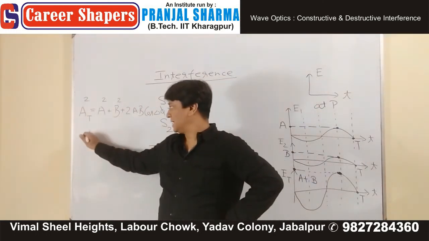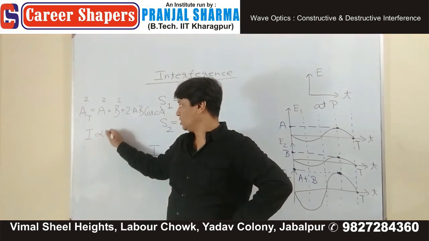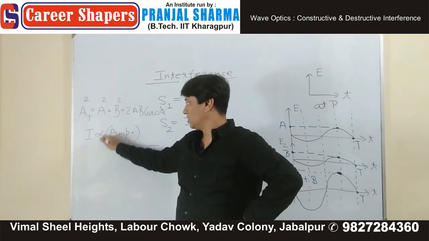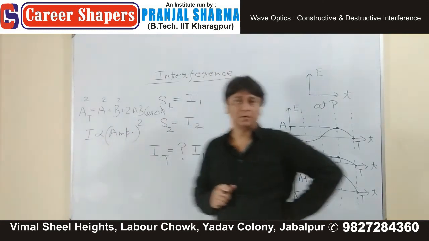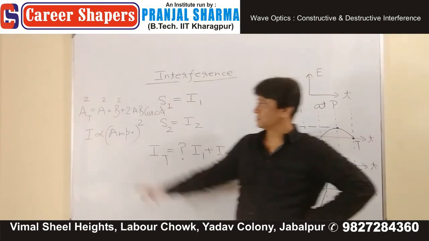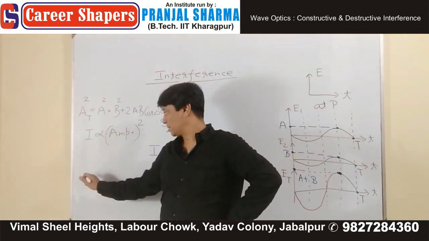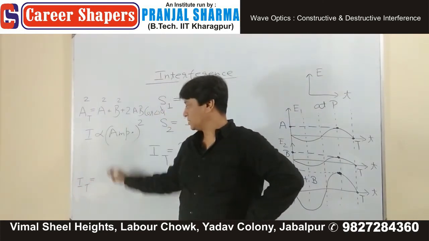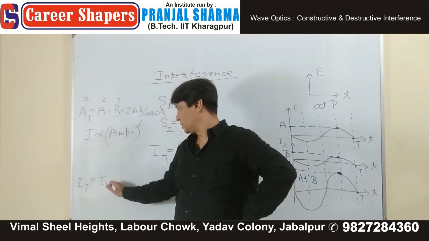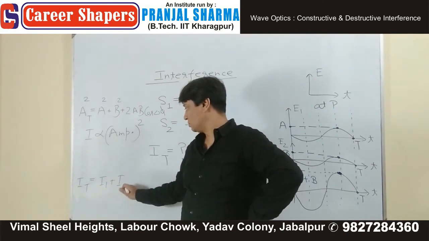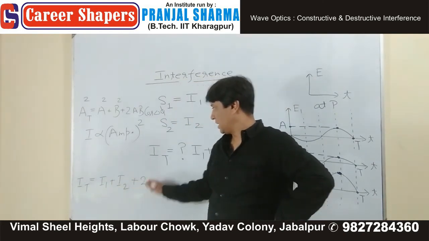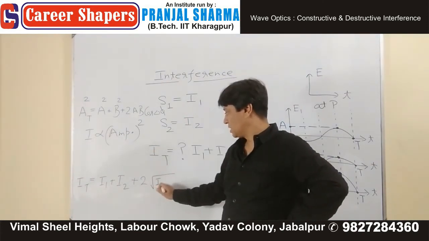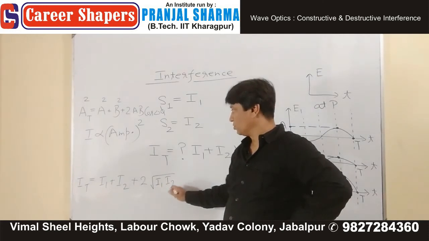We know that intensity is proportional to amplitude square, which means A total, you can replace with I total, A square with I1, B square with I2, A with root I1 and B with root I2.